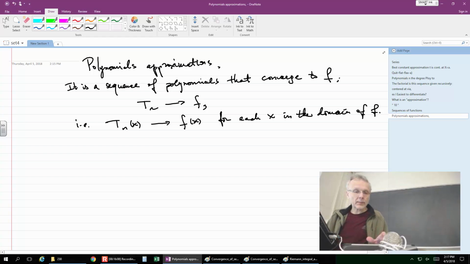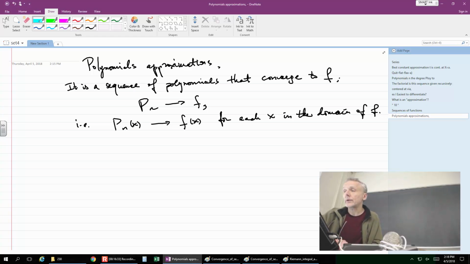Okay, if we want to be specific, let me put P here. I don't want to go back to Taylor right now. Let's just say we have a convergent sequence, and we're not going to study that convergence right now. We will concentrate on this.